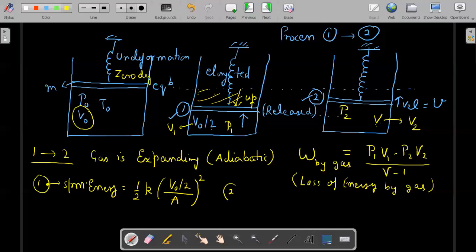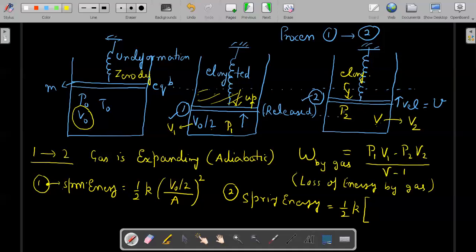Whereas at point number 2, the same spring will have energy. At point number 2, the spring energy will have a value equal to 1 by 2 K. Be careful now. What is the deformation? This length is not deformation. This length is elongation.